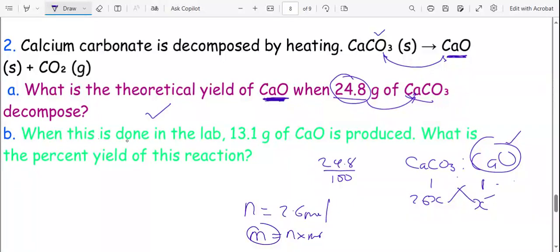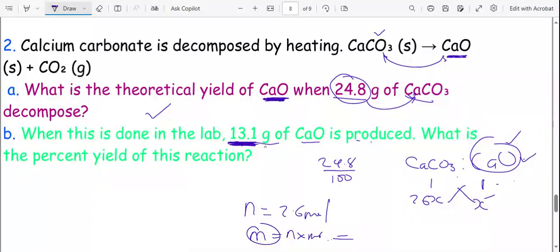Then, when this is done in the lab, 13.1 grams of calcium oxide is produced. What is the percentage yield of this reaction? They have given you the actual value, the one done in the lab, not what you calculate.